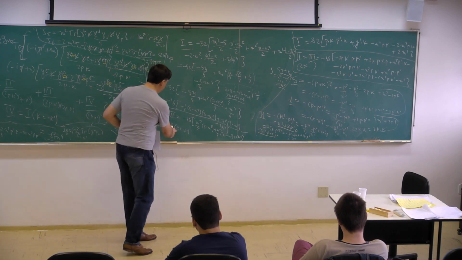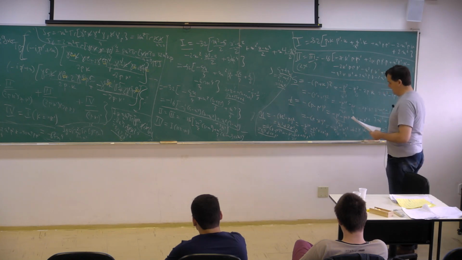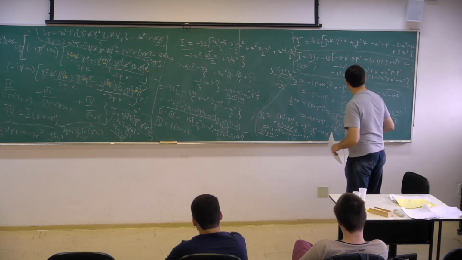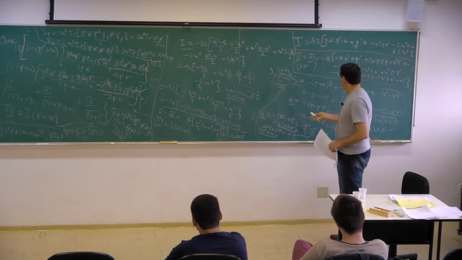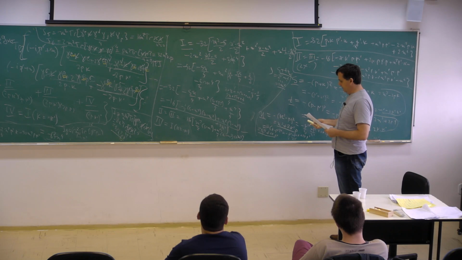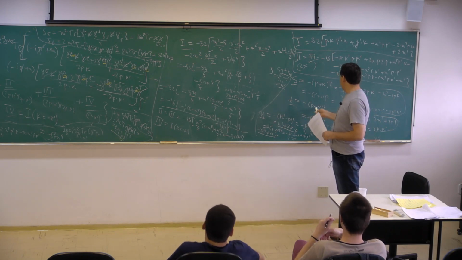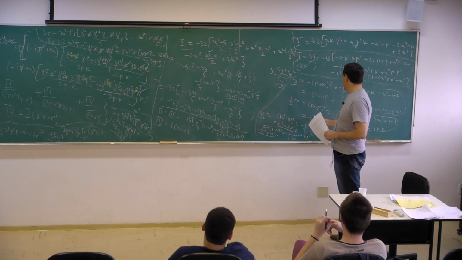So I replace k with minus k prime, but then I look at what happens in this case. You see, when I exchange k with minus k prime, then t is invariant. I can look at this formula or at this formula. Anyway, t is invariant.